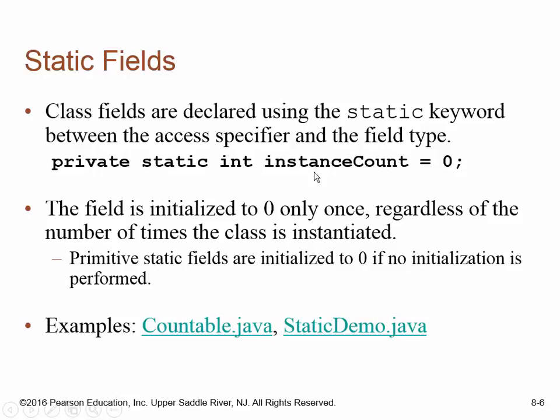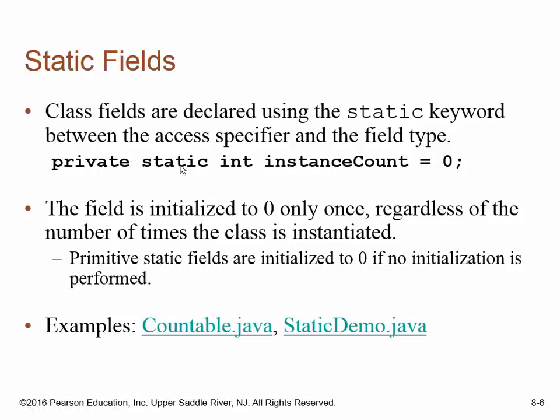If I use instance count without static, what's going to happen is each time I come back into that routine, the field is initialized to 0, and it'll get reinitialized to 0. So the idea is by making something static, it's going to hold its value between calls.